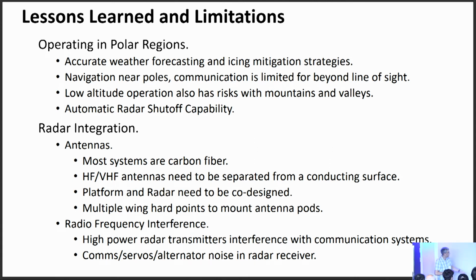In terms of radar integration, most systems nowadays are carbon fiber, and attaching a VHF or HF antenna to a carbon fiber structure is not easy. So the platform and the radar need to be co-designed, or have multiple wing hardpoints that we can put pods on. And there's also a lot of potential for radar-comms interference and comms-radar interference.